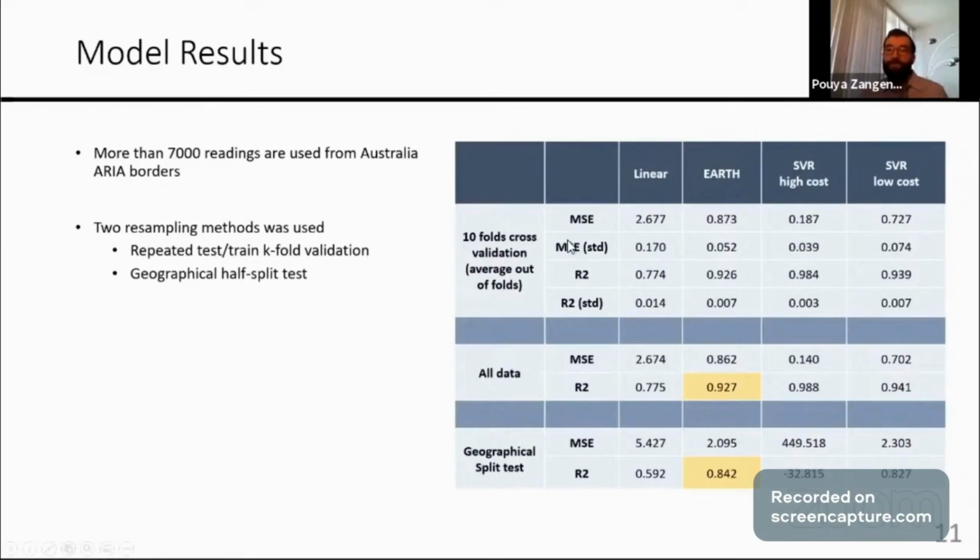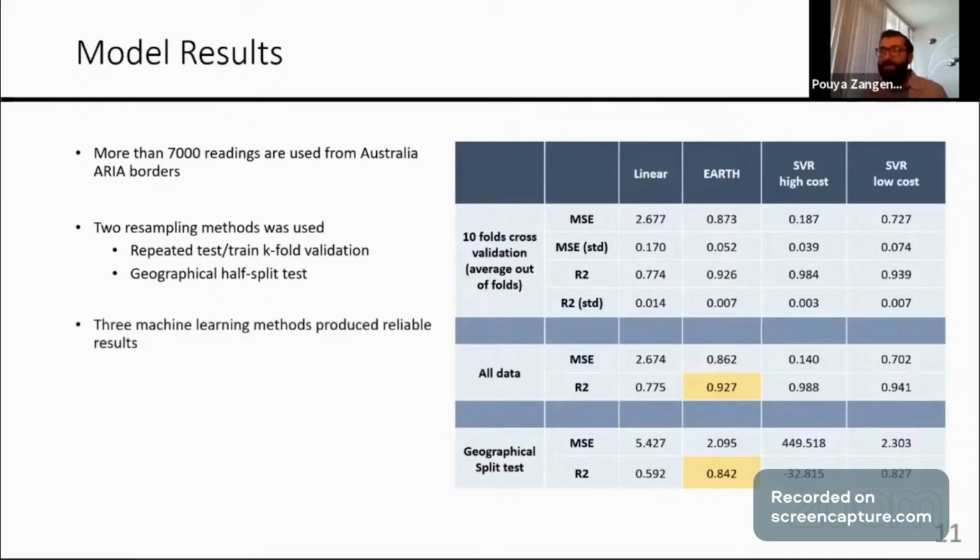The method is actually called MARS, but since that is a copyrighted name, the code that is developed is called EARTH. So we used the EARTH model and SVR, which is support vector regression, at the very end.